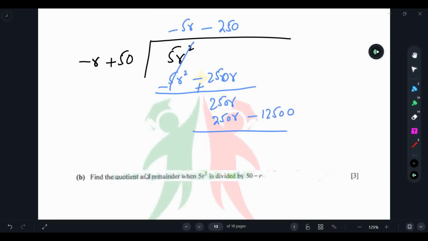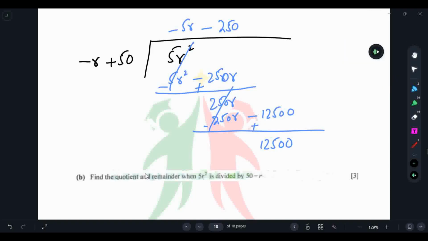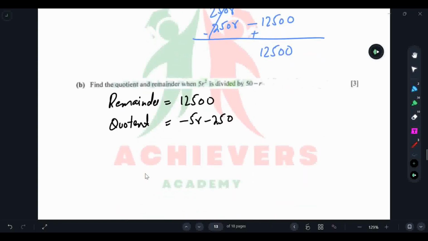So from here we can say that the remainder will be 12500 and the quotient will be minus 5r minus 250. Let's move to the next one.